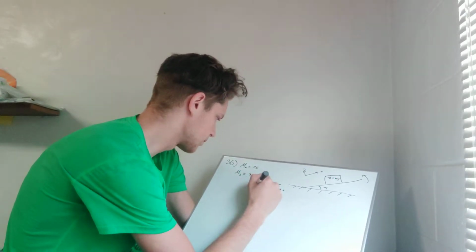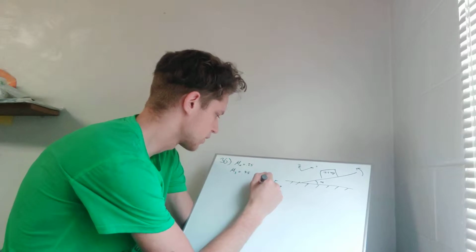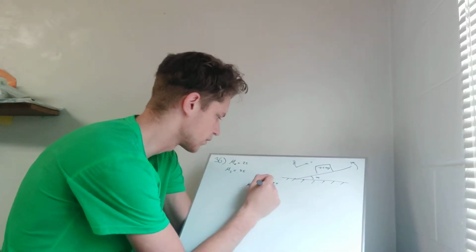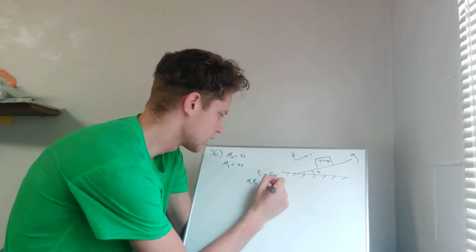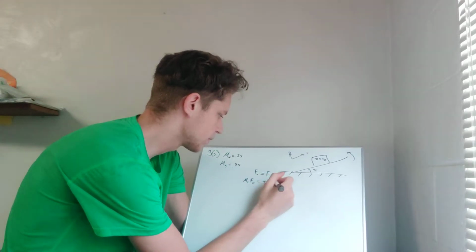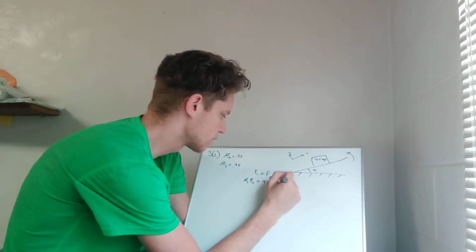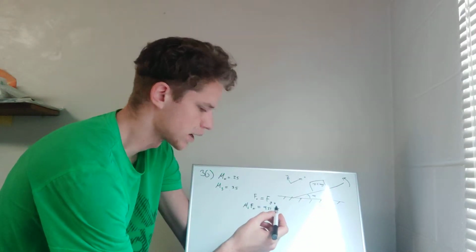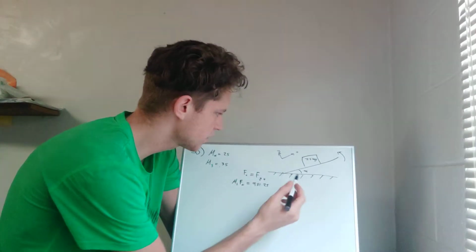So this is going to be mu s times F sub n for the normal force, and then that's going to be equal to the force of gravity, which is going to be 9.81 times 25 kilograms, and then that's going to be multiplied by the sine of the angle, I believe.